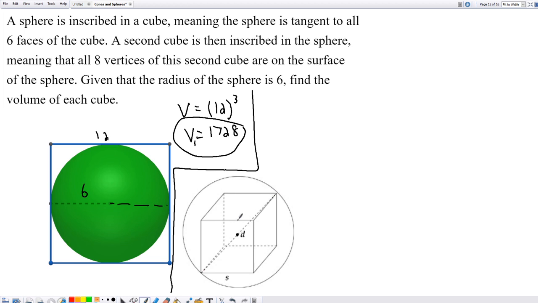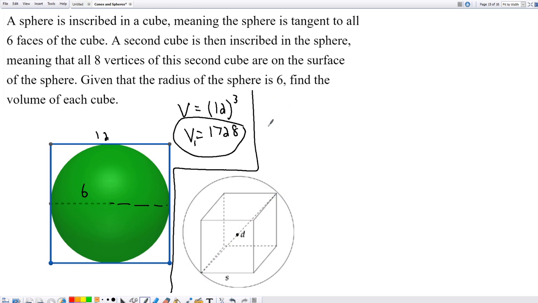Now, seeing this, it should be noted that our diameter is 12, and the diameter is just the space diagonal of this cube. It's from one corner to the opposite corner.